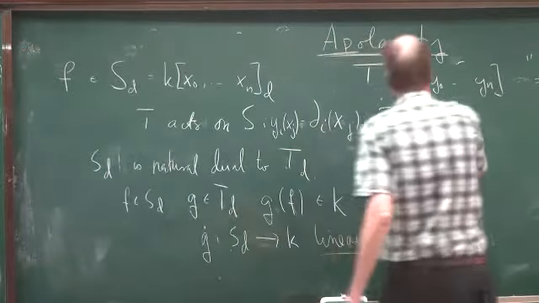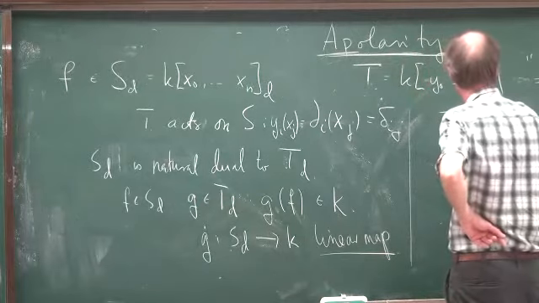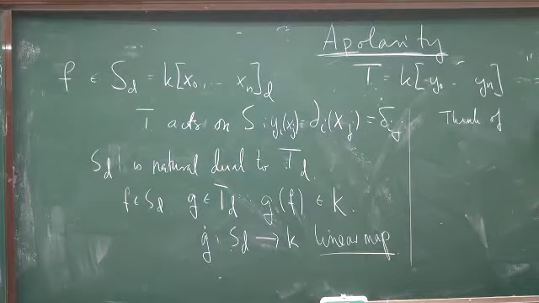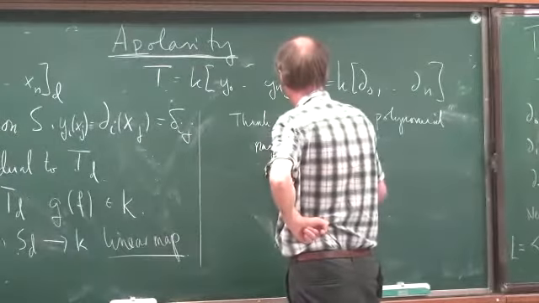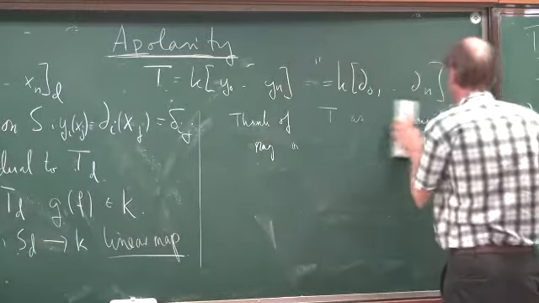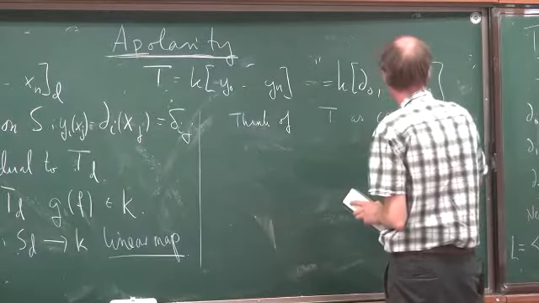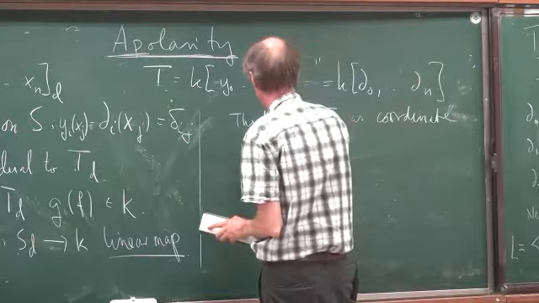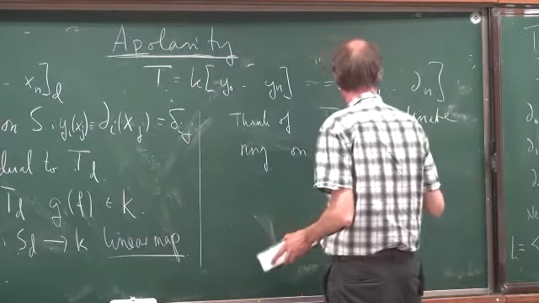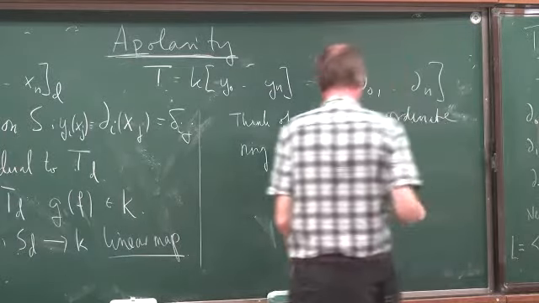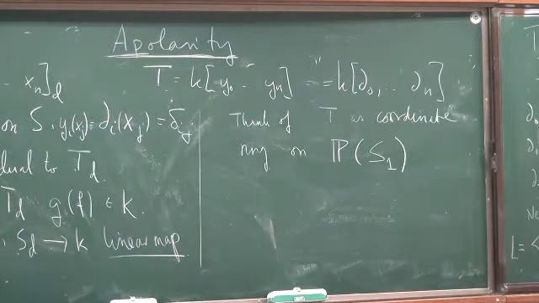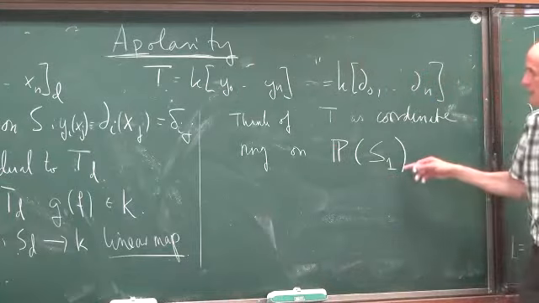So I can think of T as a polynomial ring, or a coordinate ring, I should say, on P of S_1. S_1 is just the linear forms, so this is an n-space, this is a P^n.